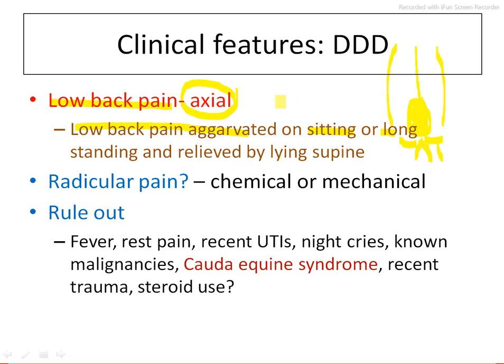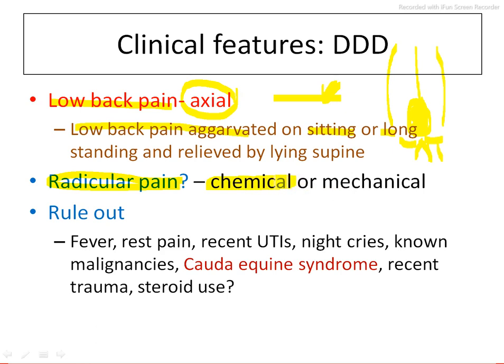Because I have already told you, when lying supine, the mechanical force acting on the spine is the least. Another thing to know is radicular pain. So what is radicular pain? Sometimes when there is disc degeneration or disc prolapse, different chemical messengers, as we have already discussed, like prostaglandin E2 and prostaglandin F2 alpha, are released and irritate the nerve.